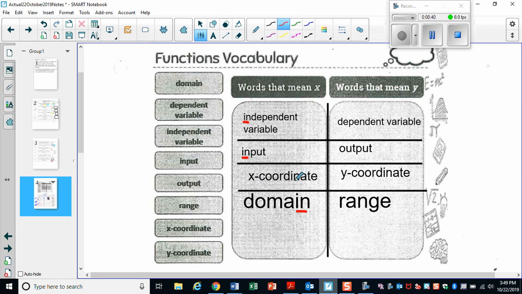Technically, x coordinate also has the word "in," but we need to be careful because y coordinate has the word "in" as well. So x is independent variable, input, x coordinate, domain. For the y variable, it's dependent variable, output, y coordinate, range.